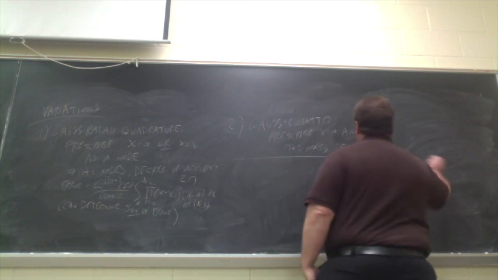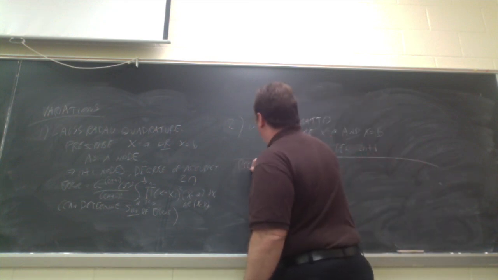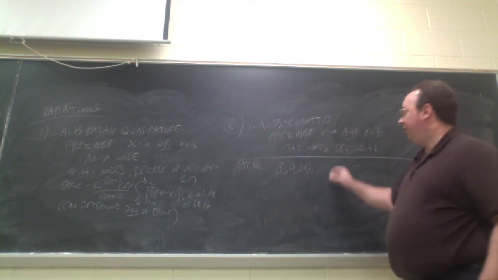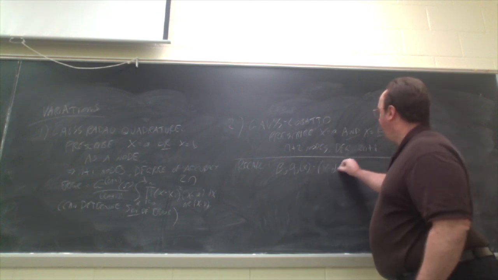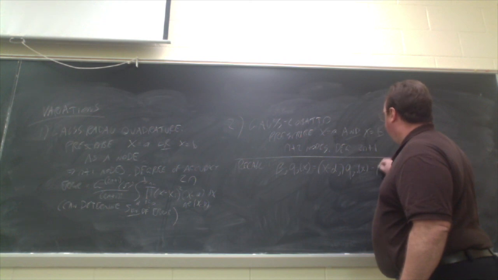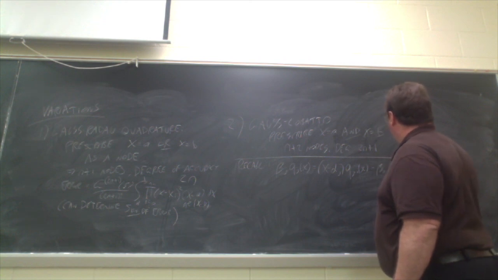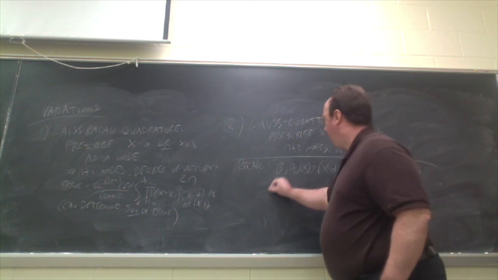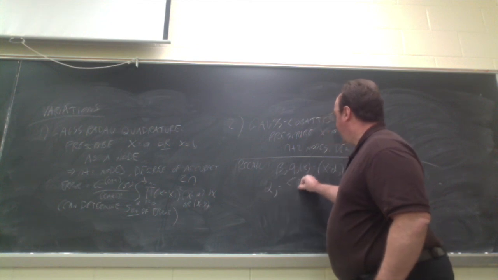Because if we recall the recurrence relation for orthogonal polynomials: beta j q j equals x minus alpha j, q j minus 1, minus beta j minus 1, q j minus 2. Okay. So this is a three-term recurrence relation that gives you all of your orthogonal polynomials where you have these formulas for the alphas.